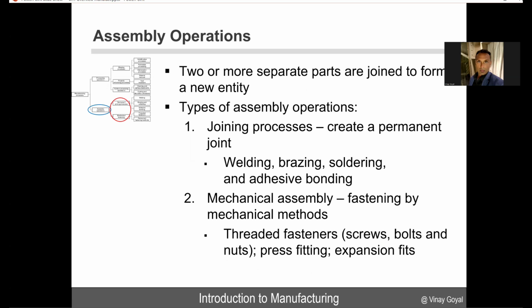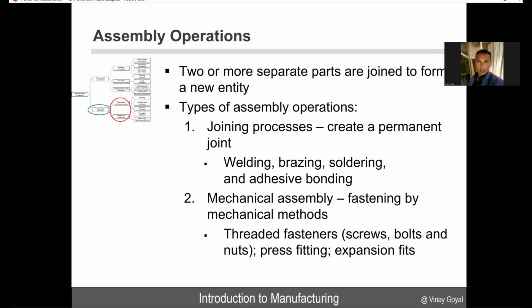Assembly operations are basically taking two or more parts and joining them to form a new entity. Types of assembly operations include joining processes, which create a permanent joint, and that includes welding, brazing, soldering, and adhesive joining. And then you have mechanical assembly, which is fastening by mechanical methods, like threaded fasteners, press fitting, and expansion fits.